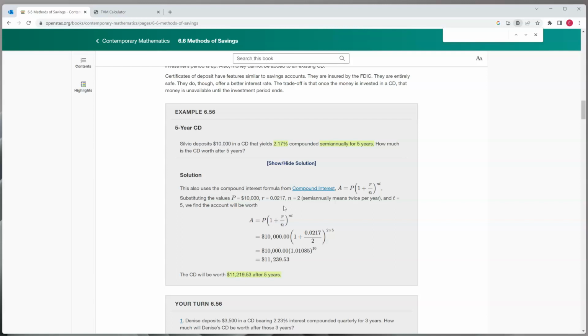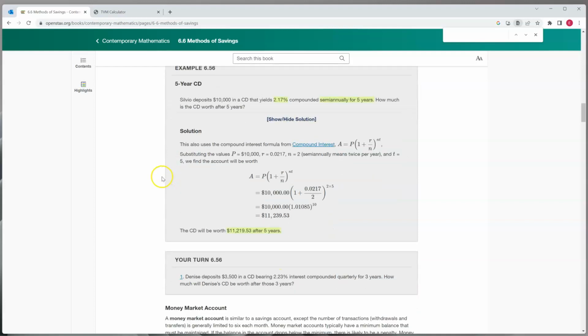If it's a traditional IRA and you withdraw early, which means before you retire, you're going to have to pay state and federal tax and fees. So IRAs can be heavily penalized if you do not wait until retirement. So you only want to put money in an IRA or a CD that you are comfortable not seeing until the end, which is called the maturation date, when the loan matures.